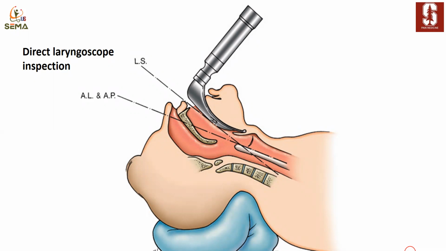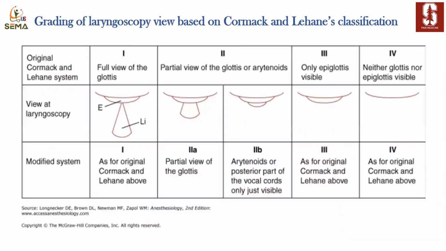You put the laryngoscope and then you get this view, then you grade based on that. So this is called the laryngoscopy grading view, or Cormack-Lehane classification. The original Cormack and Lehane system used to be from 1 to 4, then it got modified and they added 2A and 2B. So the only difference is that grade 2 is split into A and B.